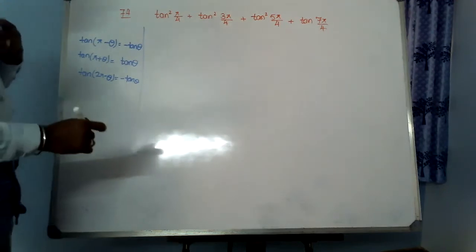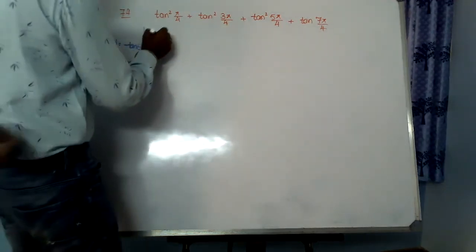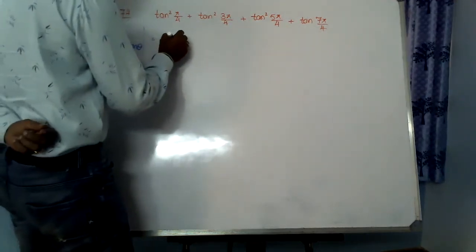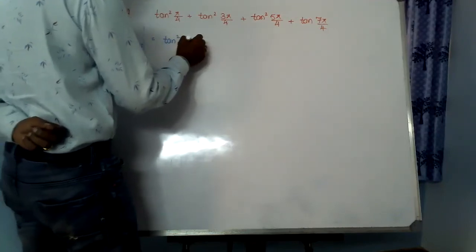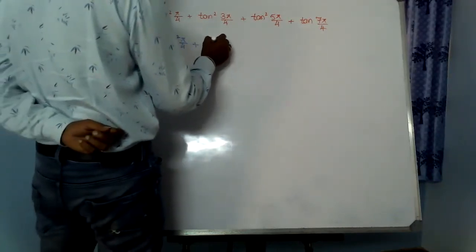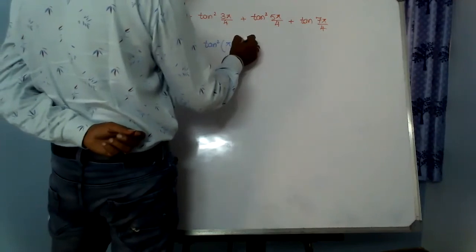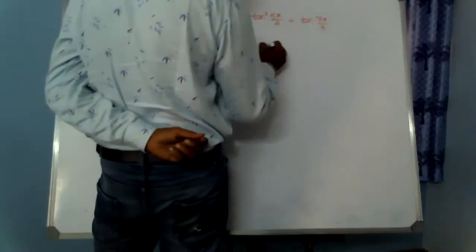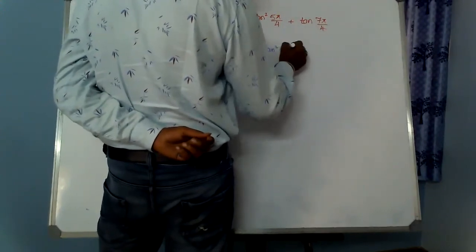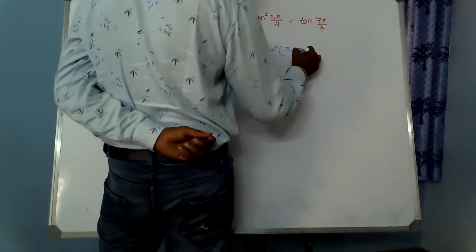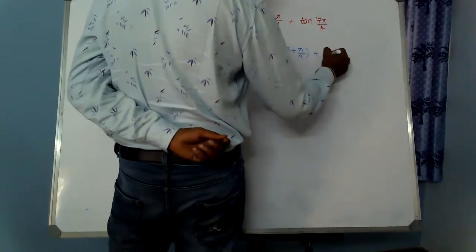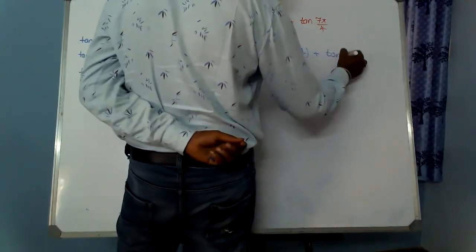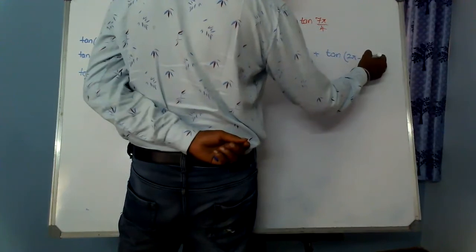So if I use them, what will happen here? This I'll write as tan square pi by 4. This I'll write tan square pi minus pi by 4, that will give you 3 pi by 4. This is again tan square pi plus pi by 4. And this is just tan, so I'll write only tan here, 2 pi minus pi by 4.